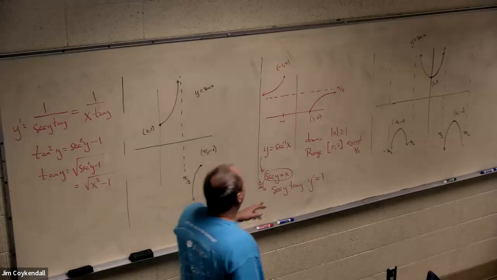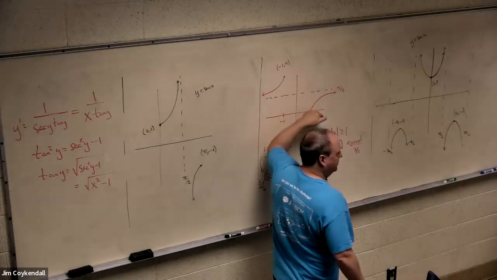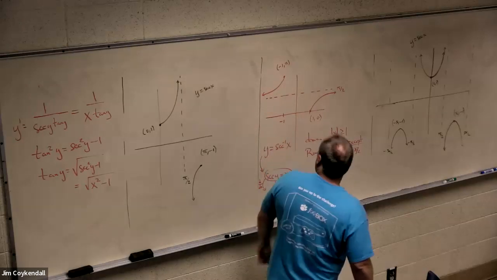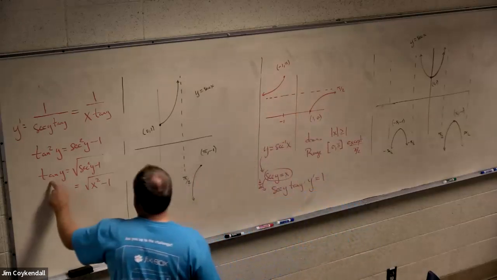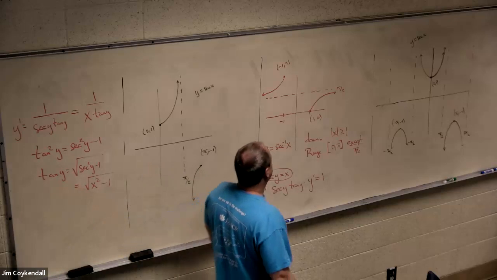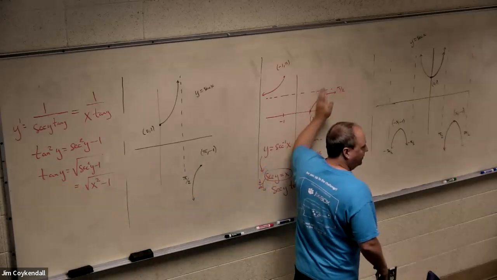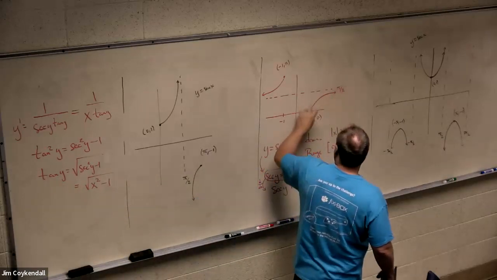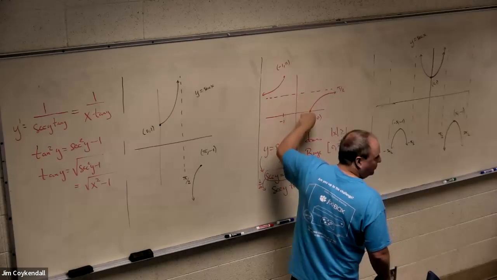Notice that we have 2 branches here. Now remember, this is supposed to be tangent y. If you're on this piece of curve, what can you say about the tangent? Notice that your y coordinate is between 0 and pi over 2.